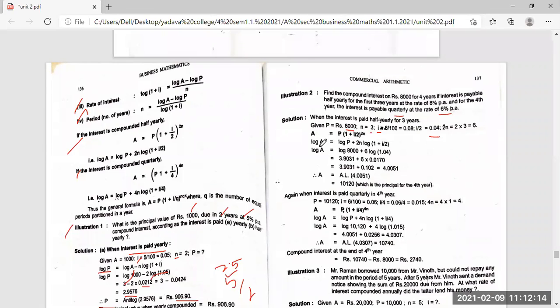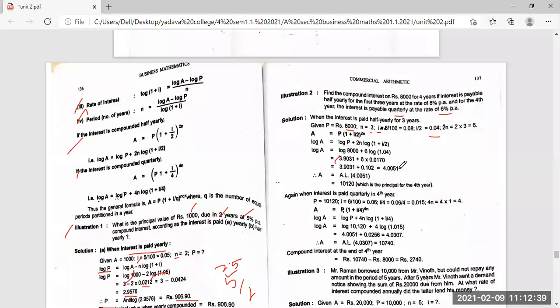So log A is equal to log P plus 2N log of 1 plus I divided by 2, that is 0.04 plus 1, 1.04. Log 8,000 is 3.9031, plus 6 into 0.010.